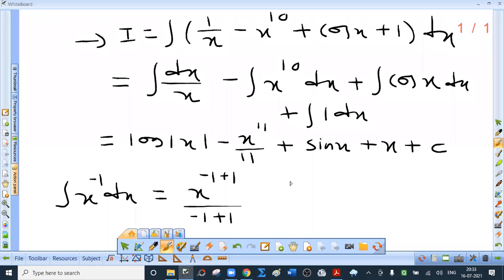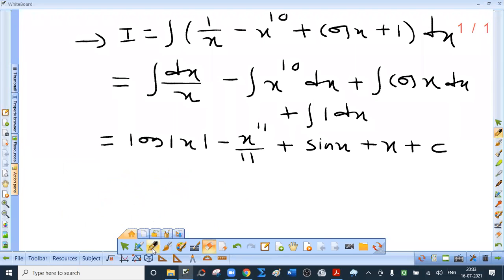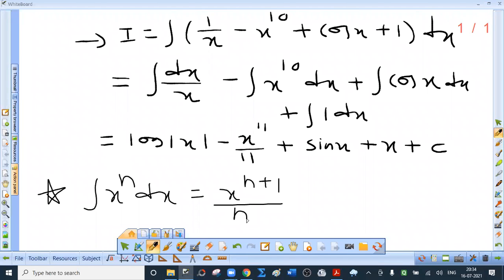That is why you must have observed that in standard formulae they have clearly mentioned, integral x raised to n dx is x raised to n plus 1 upon n plus 1 plus c, provided n not equal to minus 1. Because for n equal to minus 1, denominator vanishes.